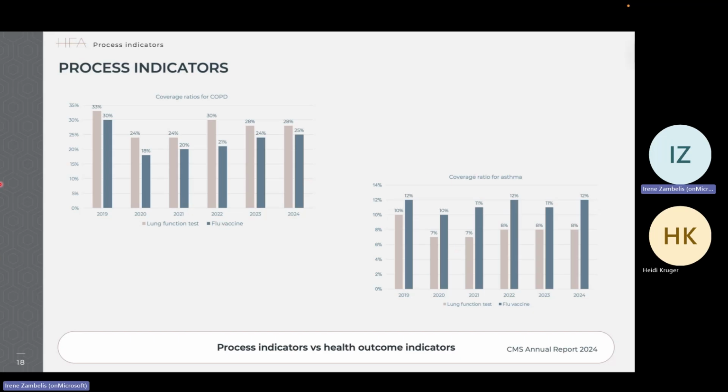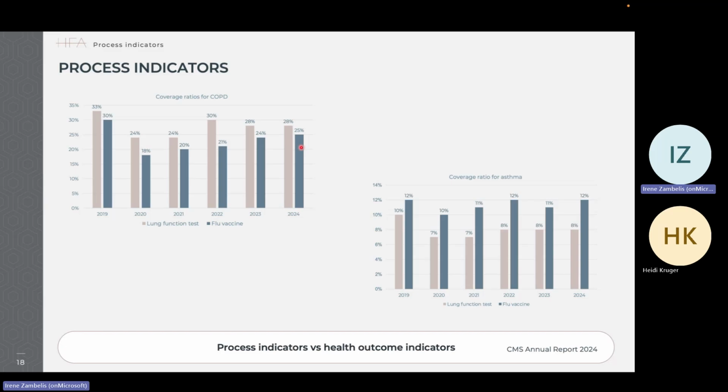And what they show for chronic obstructive pulmonary disease, it's a progressive disease where people's lung function deteriorates, and they're looking at what percentage of people with this condition had a lung function test and a flu vaccine. And can we see it is 28% had a lung function test and 25% had a flu vaccine.